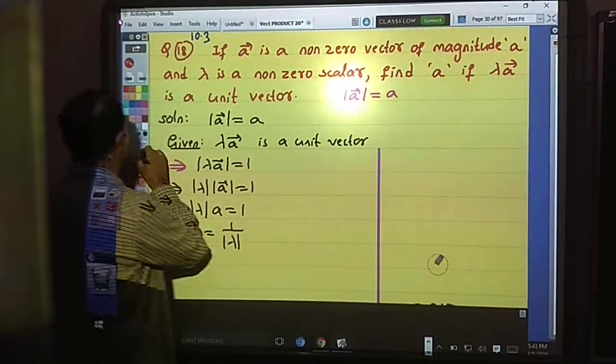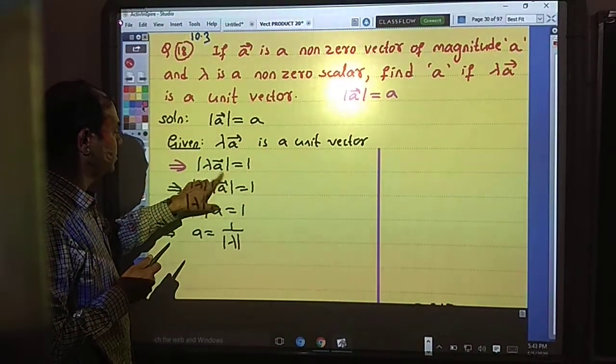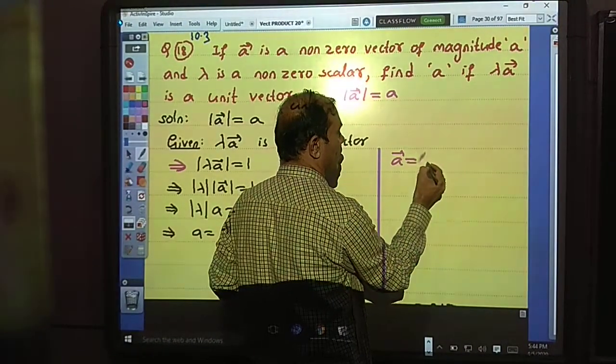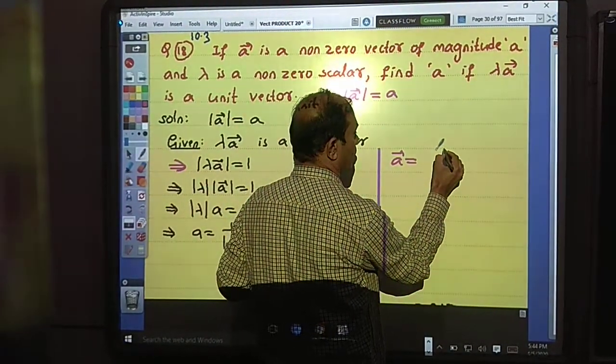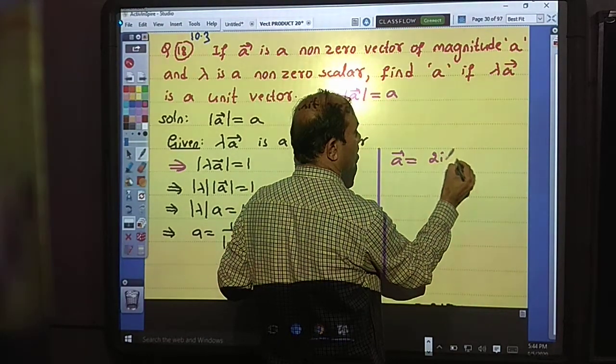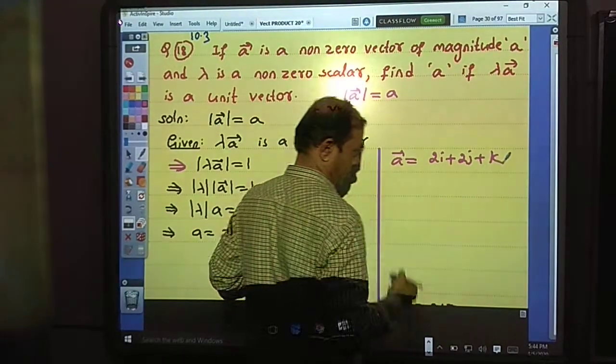See here, why I have taken this lambda times A. Suppose A is this vector, 2i plus 2j plus k.